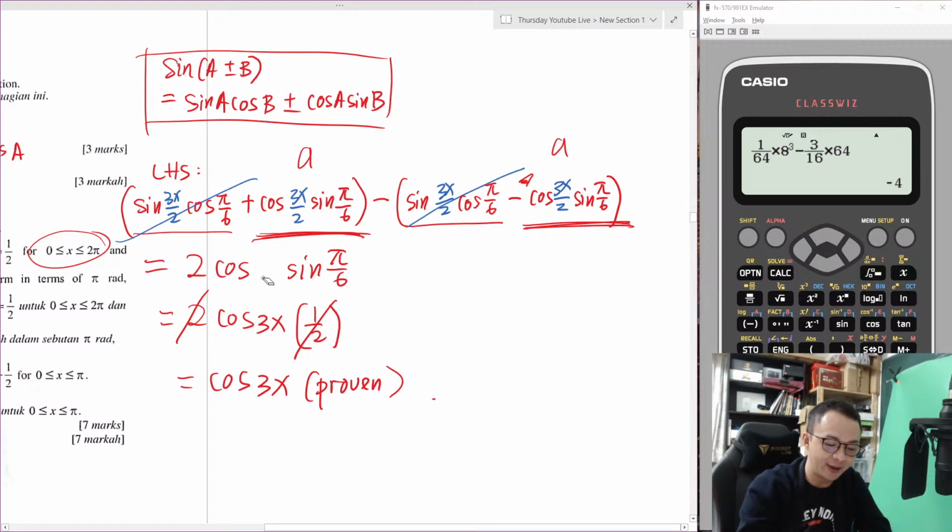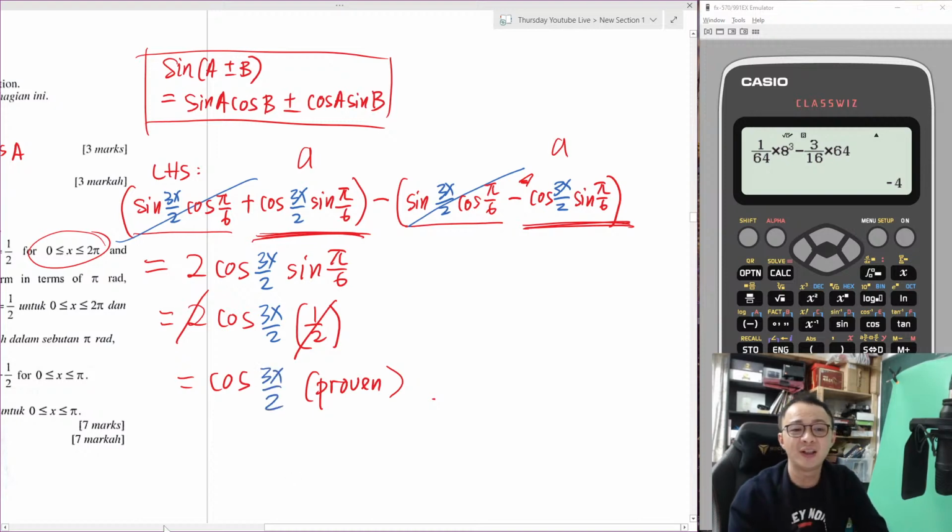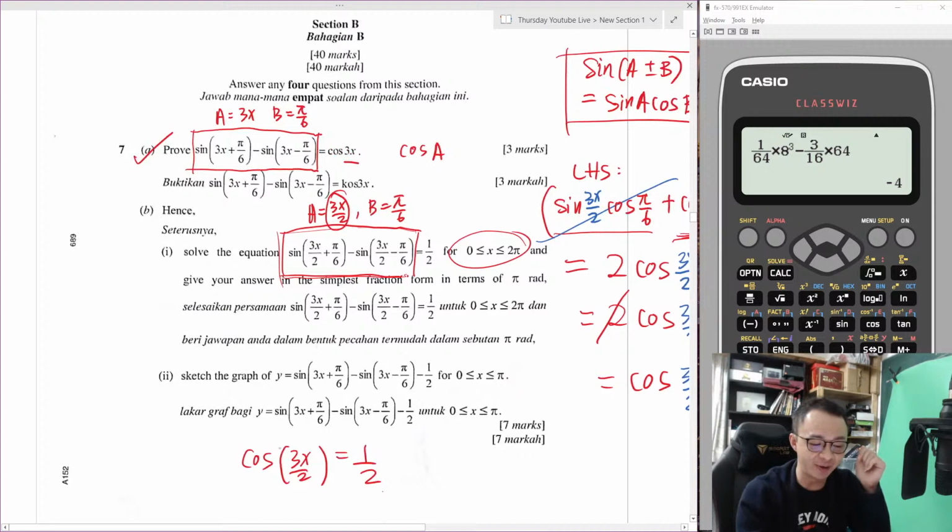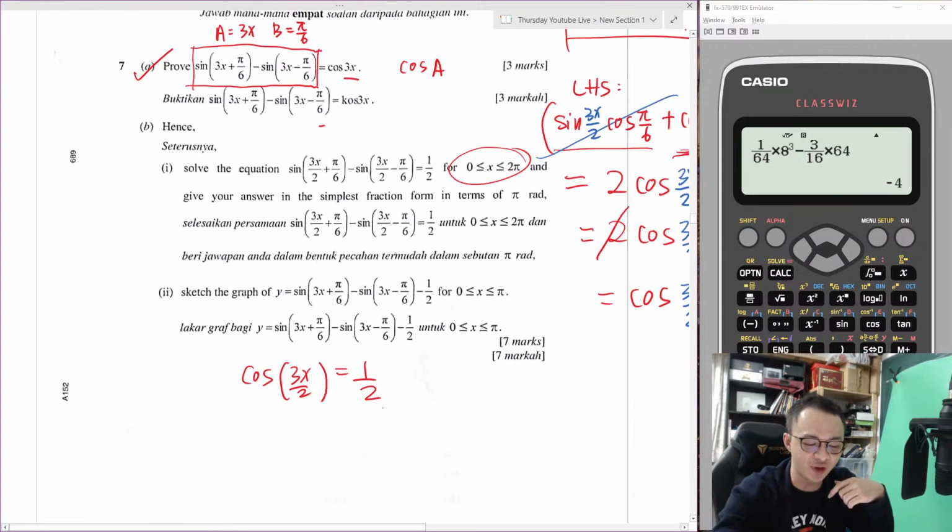Then here, I have double of 3x over 2. Then here, half and 2, I will simplify. So at the end, I will get 3x over 2. So therefore, if my a value here change, then I can just use back the same a value. So for part B1, if I simplify until the end, I will get cos 3x over 2.